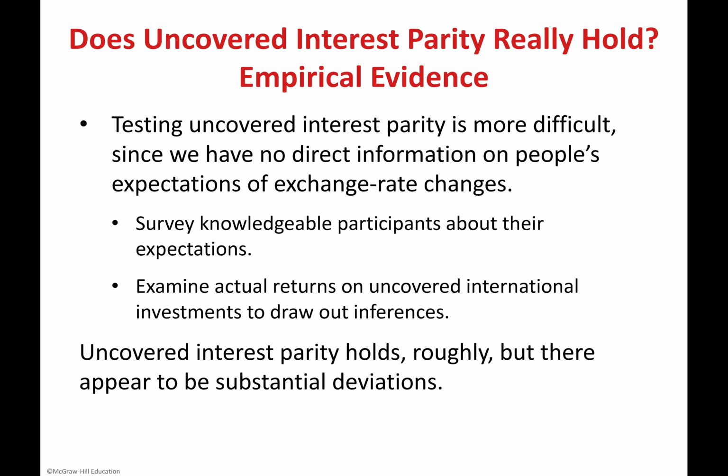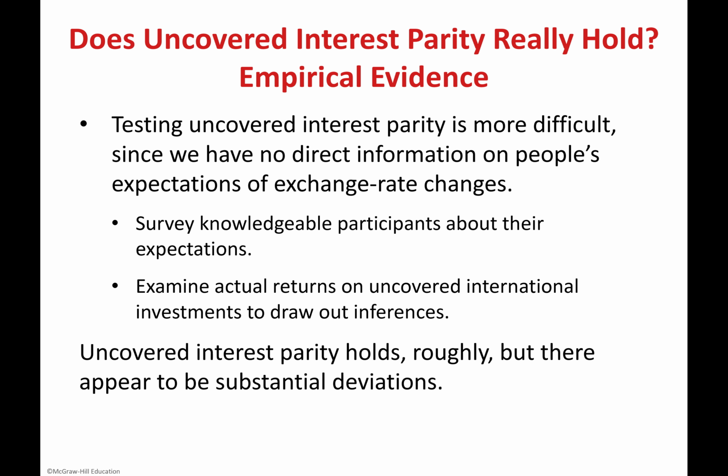Pretty much the same thing with uncovered interest parity. It's more difficult because we've got to get hold of the expectations of foreign exchange market participants, and you have to do a survey in order to assess this. So it's a lot more difficult, and there's a kind of a distribution there rather than an actual rate in the market as per the forward rate.